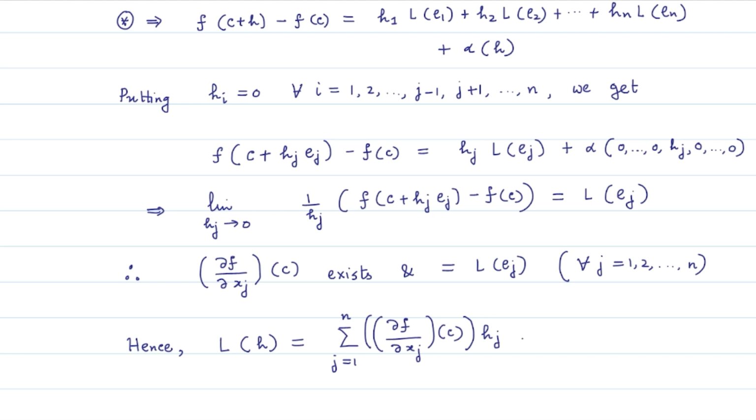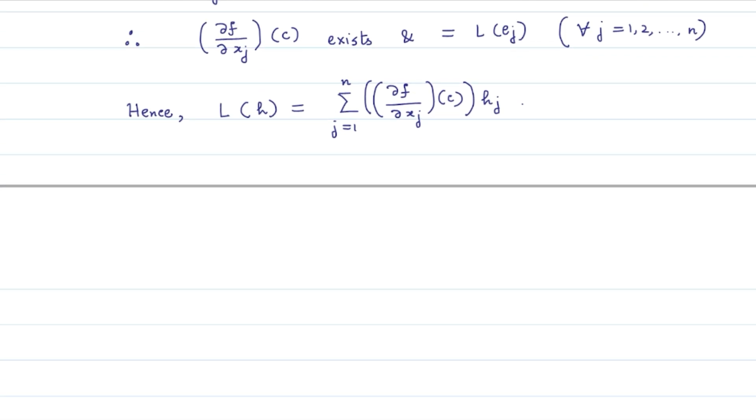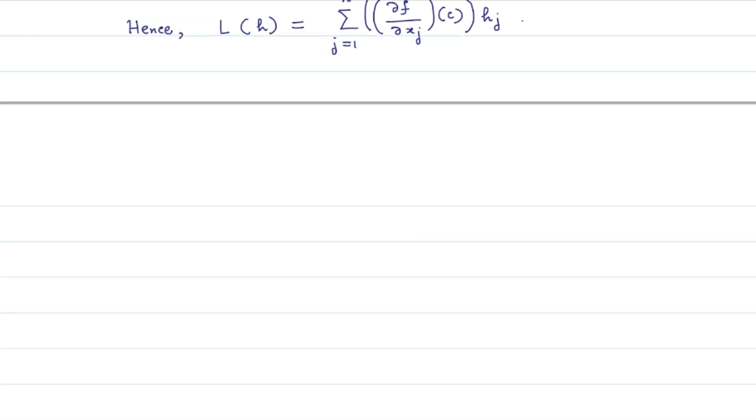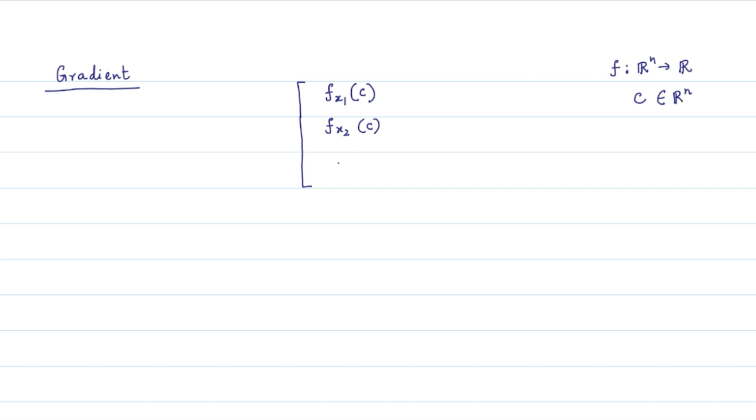Now here I would like to mention a definition called gradient, or the gradient vector, of a function of several variables at a point C. The gradient vector of a function of several variables at a point C is a vector in Rn that has components fx1 at C as the first component, fx2 at C as the second component, and so on, fxn at C as the nth component.